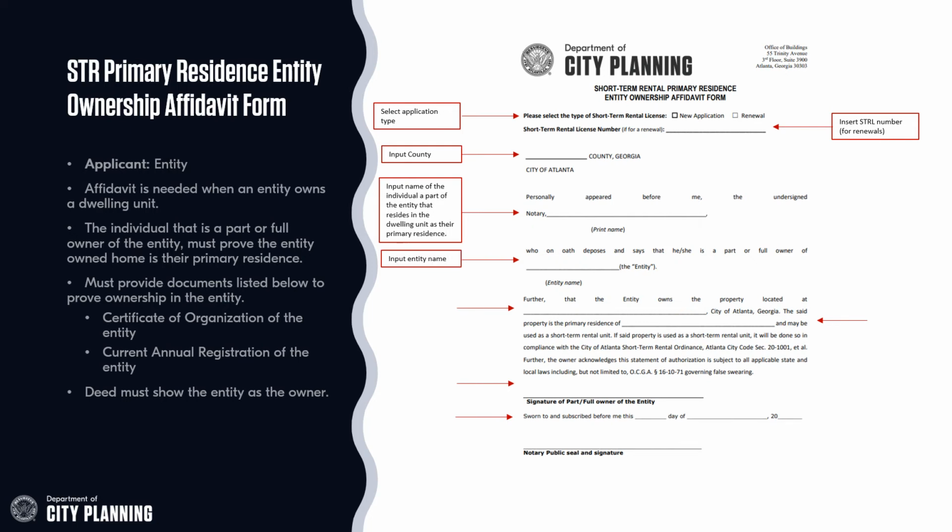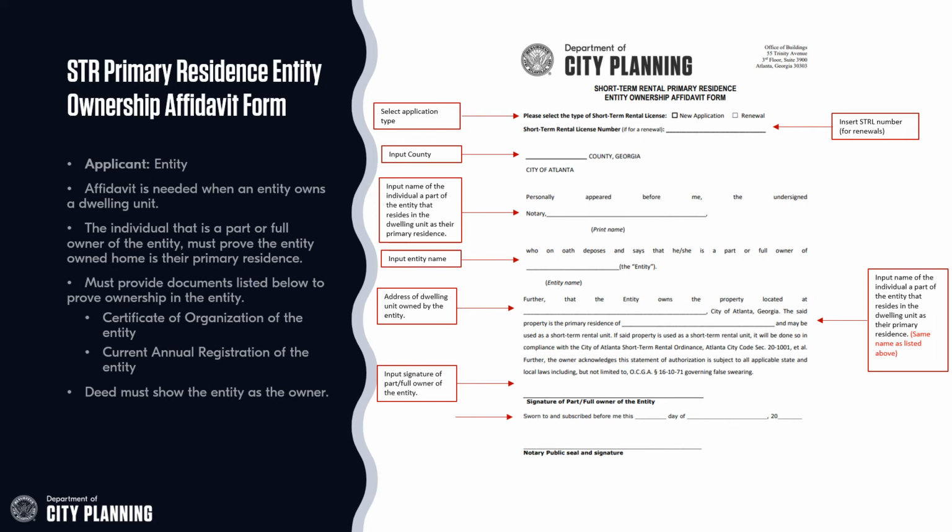Input entity name. Address of dwelling unit owned by the entity. Input name of the individual, a part of the entity that resides in the dwelling unit as their primary residence, same name as listed above. Input signature of part or full owner of the entity. And below is a section for the notary.